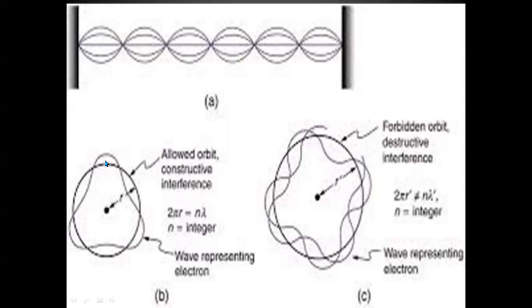Now this electron, which we are supposing to be a standing wave, should be like this. Starting from this, one wave, then second wave, then third wave. This standing wave is represented here.